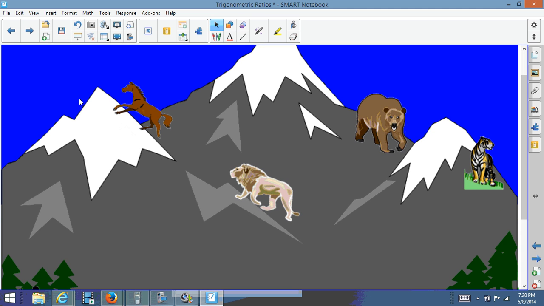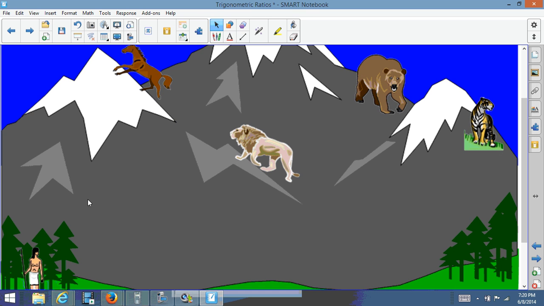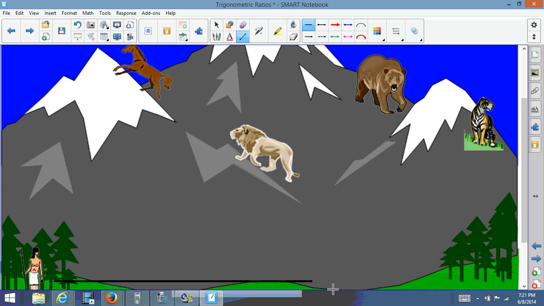So you remember the story that my teacher told us. He said that SOHCAHTOA was at the bottom of the mountain and he saw a lion chasing something, and he found out that it was his horse. And he immediately, wanting to protect his horse, pulled out a bow and arrow and took a shot that was very, very remarkable.